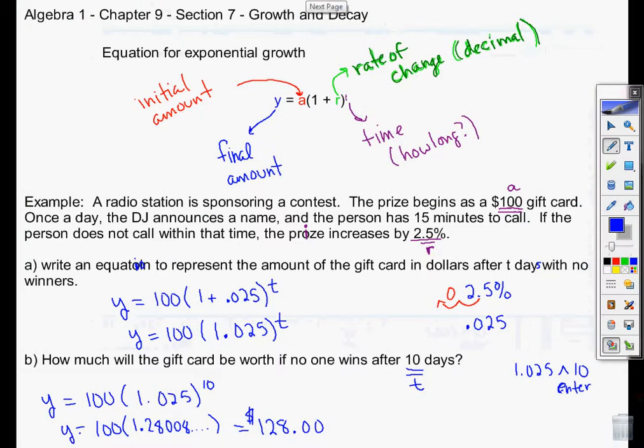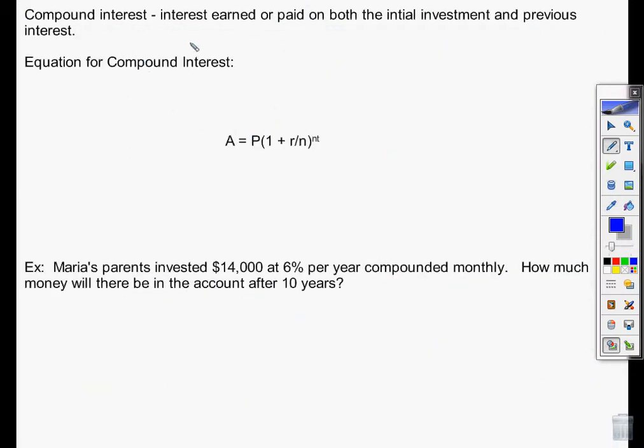So, compound interest is very similar to exponential growth. The equation for compound interest is: A is the current amount.